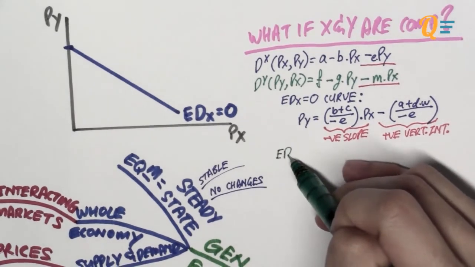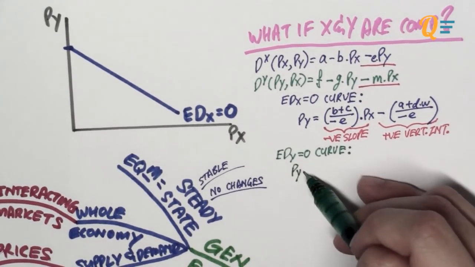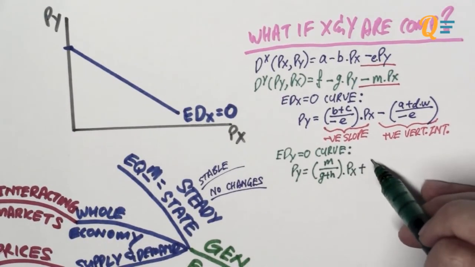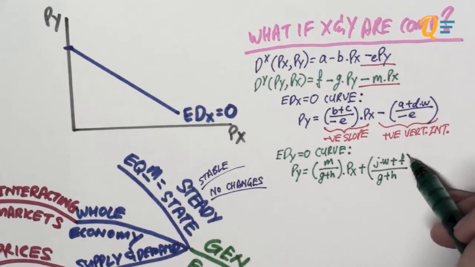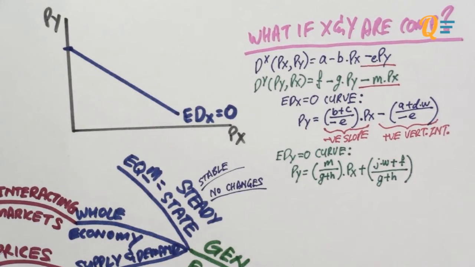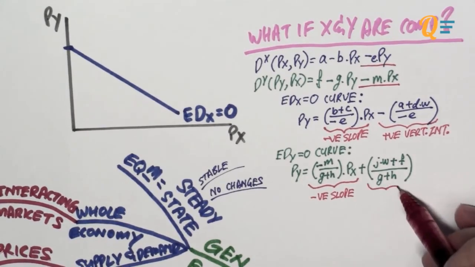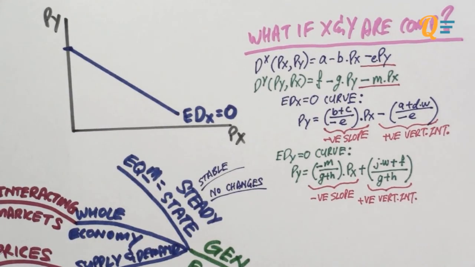We simply write down the old equation that we got for the EDY equals 0 equilibrium. So it was this one, right? If you recall. And what we do now is simply add a negative sign in front of the parameter M. What you notice here is that it also has a negative slope, and it also has a vertical intercept that is positive.